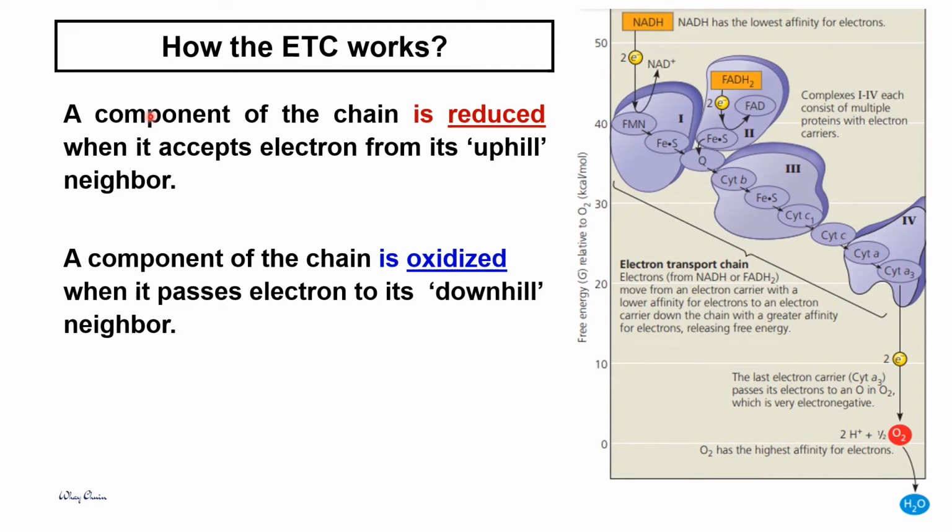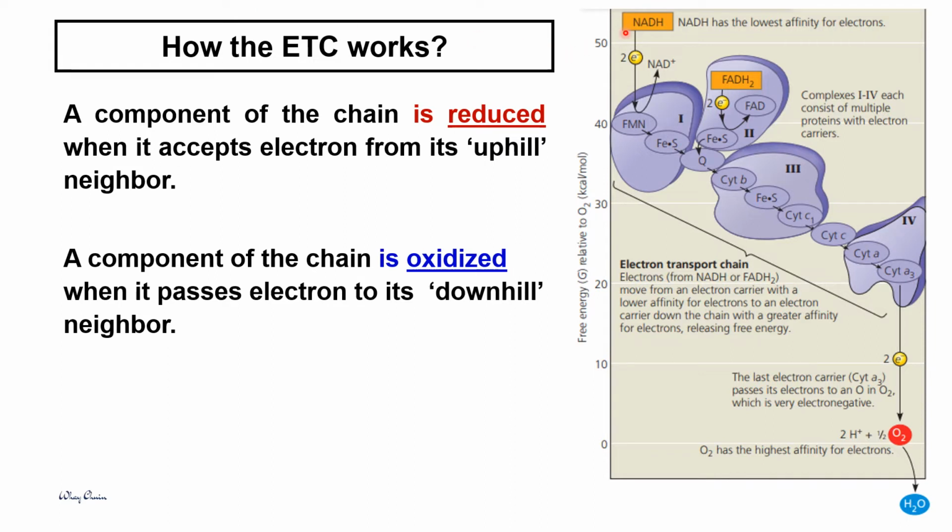Oxidative phosphorylation produces ATP by using the energy released from the energy flow along the electron transport chain. This is because each electron carrier has different free energy, which is summarized in this graph.